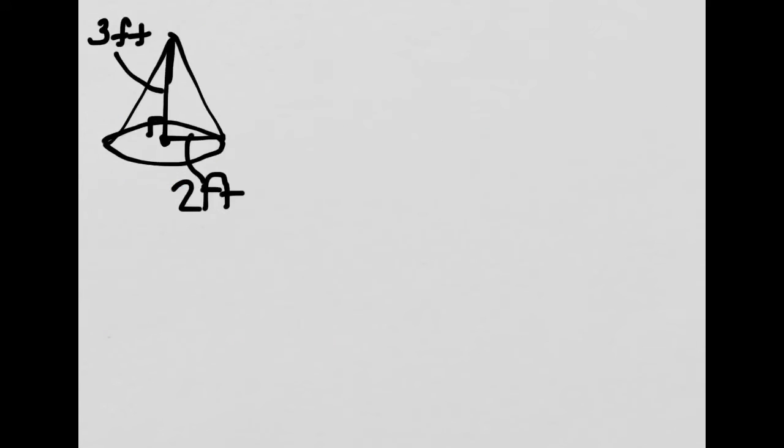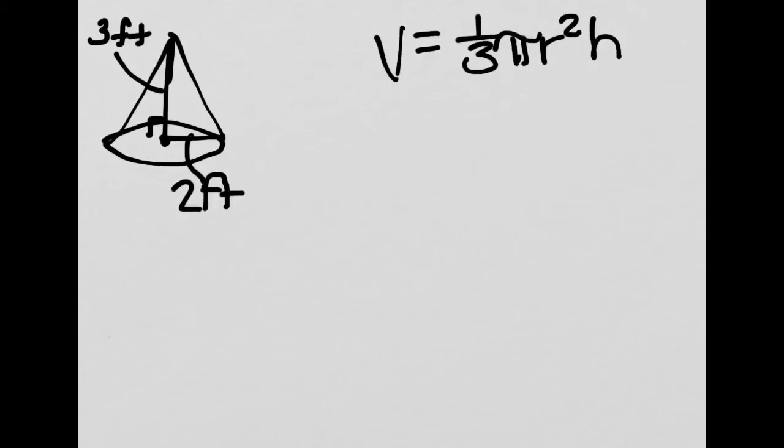All right, so just like pyramids are 1/3 of the volume of a prism, a cone is 1/3 the volume of a cylinder. So we're looking at 1/3 of that pi r squared h. So the only two measurements I need for a cone are the radius, which in this case is 2 feet, and the height, which is the distance between the base and that vertex, that point on top.